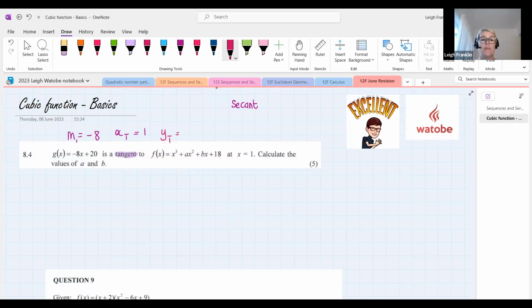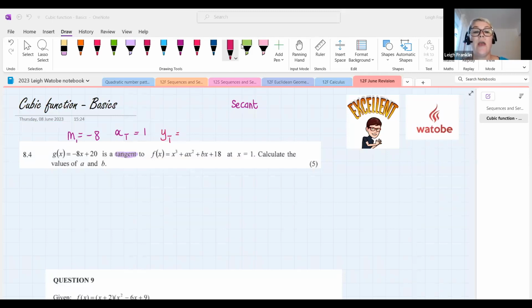Do we have a way of being able to calculate it? Can we work out the y coordinate at the point of tangency based on the information in front of us? Can we calculate the y coordinate?